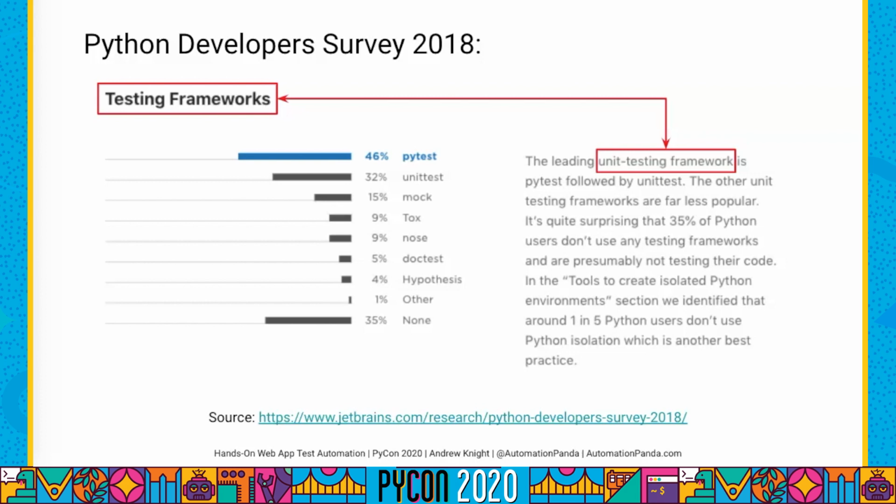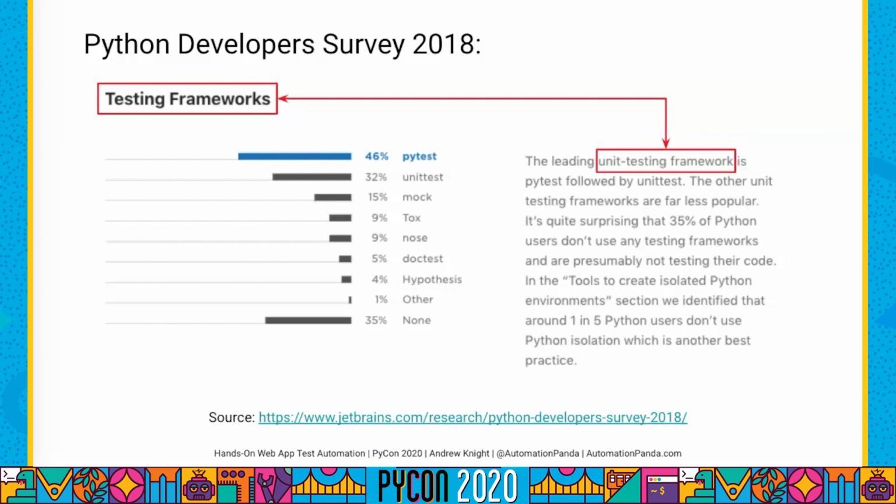I've seen this misconception in a number of places. For example, it appeared in the Python Developer Survey of 2018. Now, I'm very, very thankful for JetBrains and for the Python Software Foundation for having this survey. When I took the survey in 2018, I was really excited because I saw a question about testing frameworks. I think the question was phrased something akin to, what testing frameworks do you use in Python?